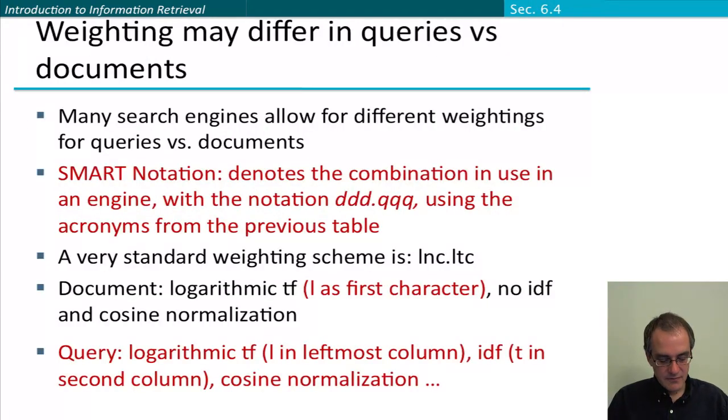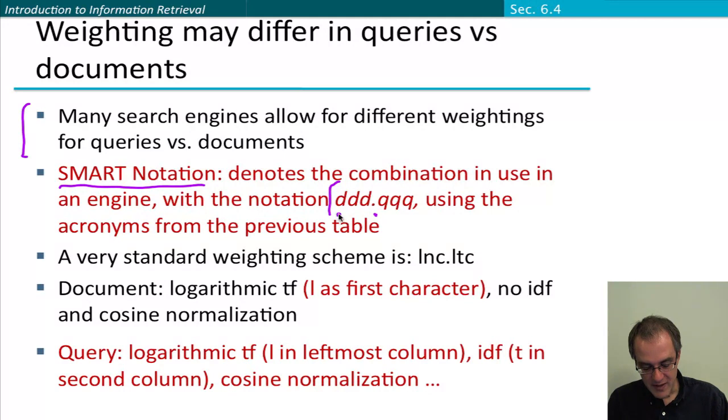So we can have different weightings for queries versus documents. And if we follow this SMART notation, the standard way that they represented things is by these 6 letters with a dot in the middle, where there's the document weighting scheme followed by the query weighting scheme. And there are various variants, but one that was quite standard coming out of the SMART work in the 1990s was this one. So we'll just mention this one in a little bit more detail.